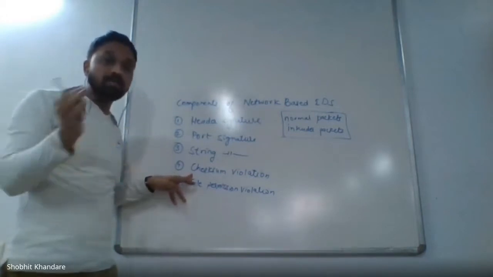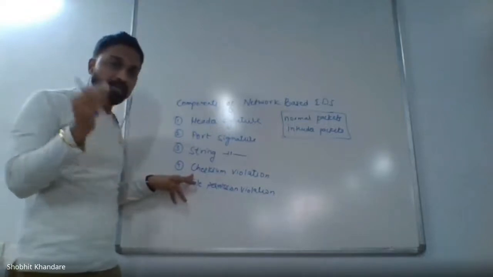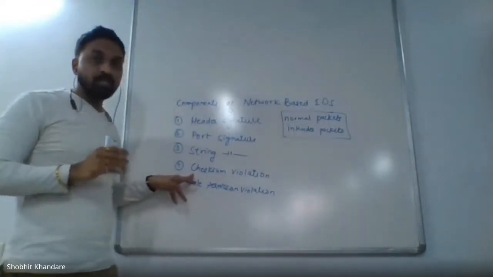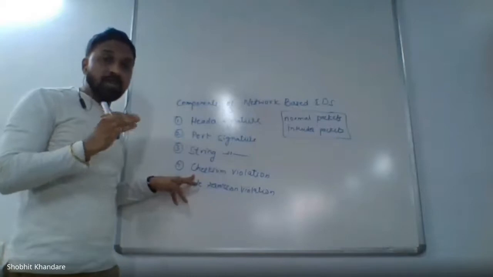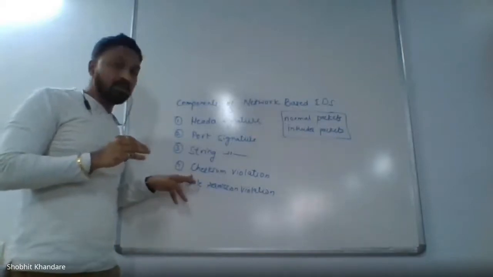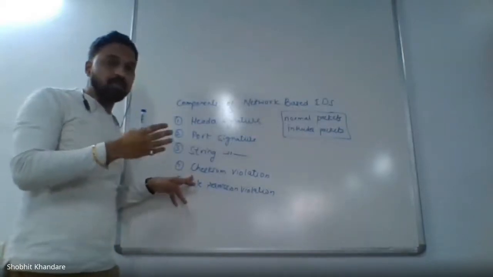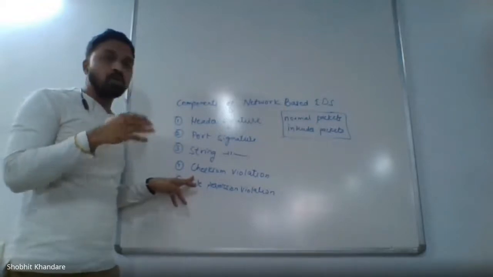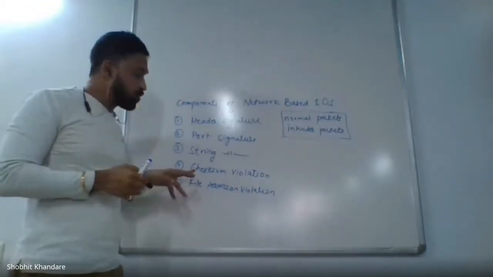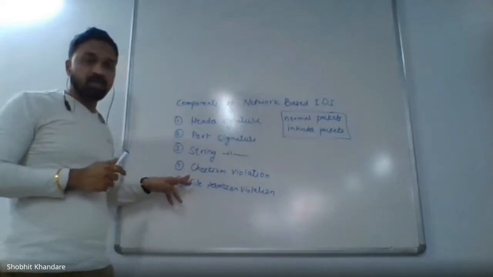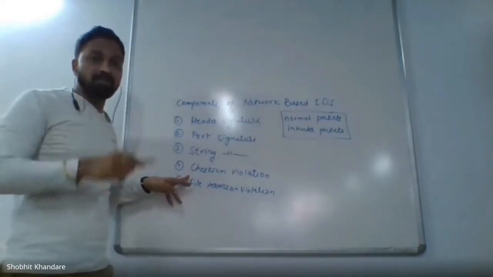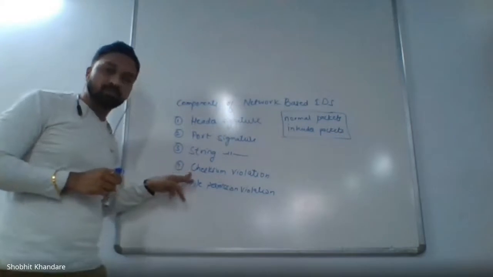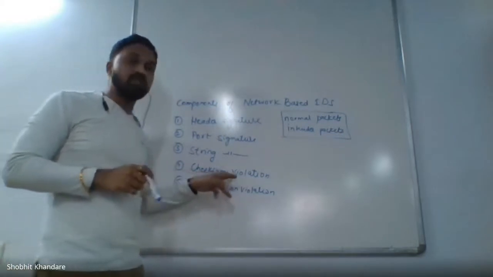You are adding some redundant bits, some checksum, so that the data or the packets which you transmit should not be violated, no other person should be able to see this message, or modify the message. That's why you are adding some checksums. So this is called a checksum violation.